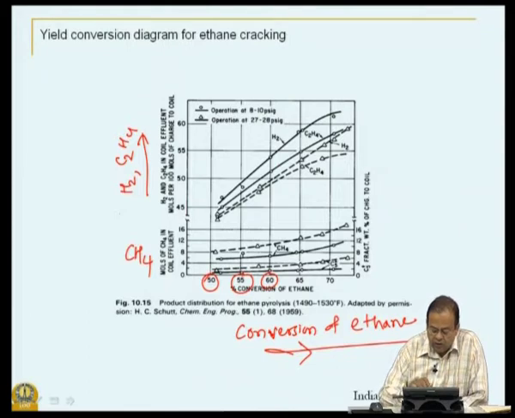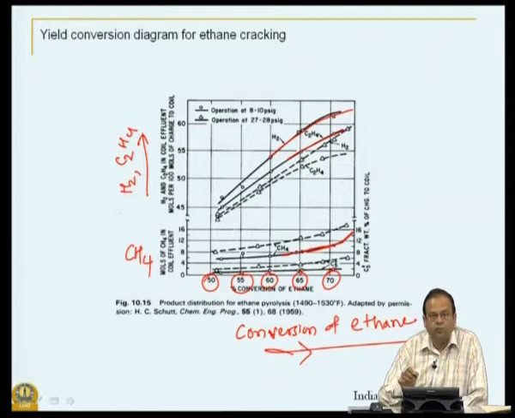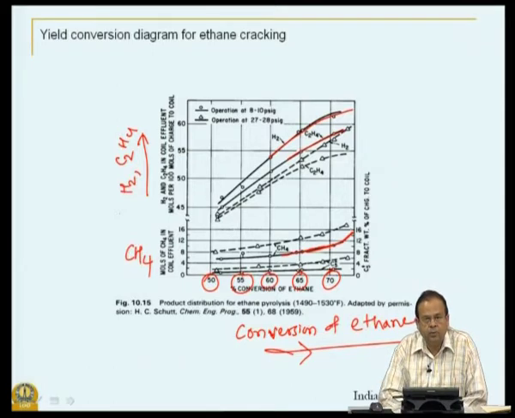But as the conversion increases to 65 or 70%, there is a much more rapid increase in the methane that comes out compared to the ethylene. Hydrogen and ethylene start saturating and more methane, the byproduct, is coming into the system.